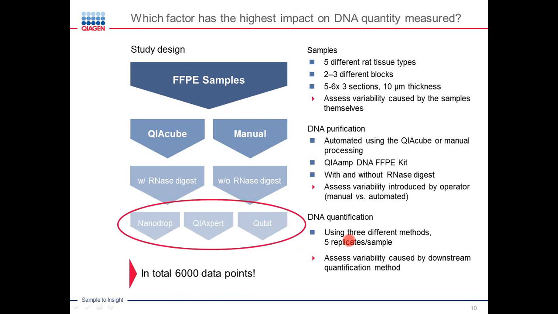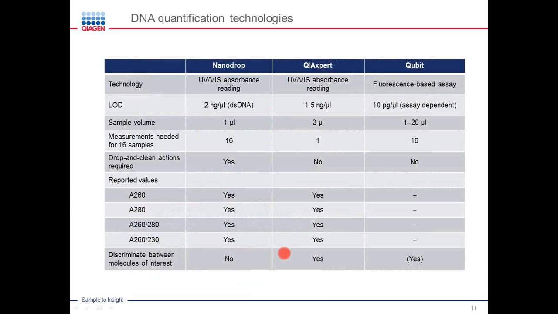But before we go into the details of the results of the study, I would like to spend just a few words on the different nucleic acid quantitation technologies listed here that we also used in our experiment. This table provides an overview of the quantitation methods, and you can see 2 of them, namely the NanoDrop and the QIAxpert, are based on absorbance measurement, while the Qubit system is based on a fluorescent assay.